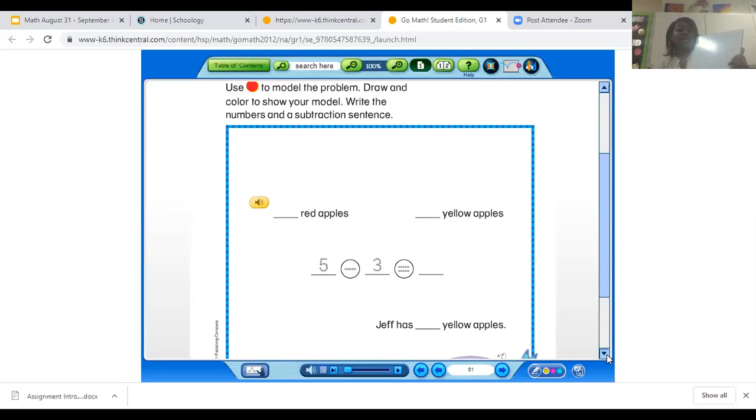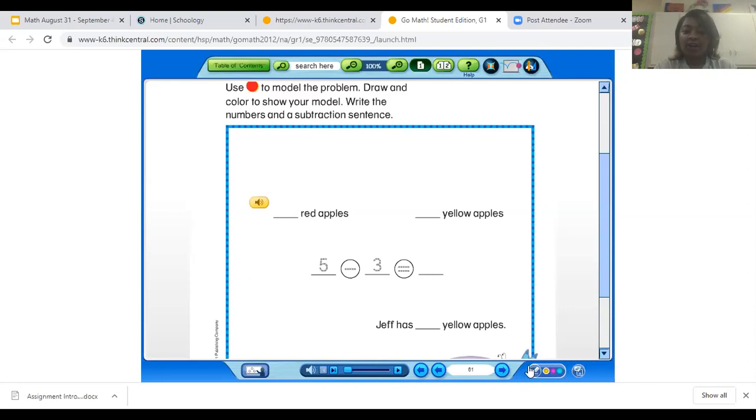The rest are yellow. How many are yellow? Well, if he has 5 apples and 3 of those are red, that means the other 2 are yellow. So I'm going to put a Y in those last 2 for yellow. So he has 3 red apples, 2 yellow apples. 5 minus 3 equals 2. So Jeff has 2 yellow apples.